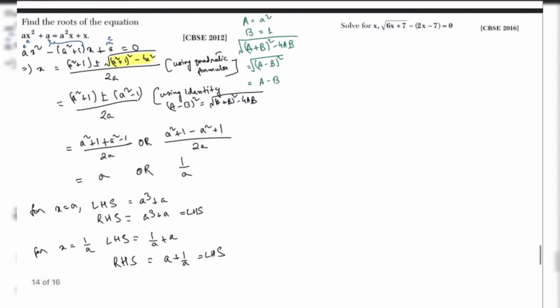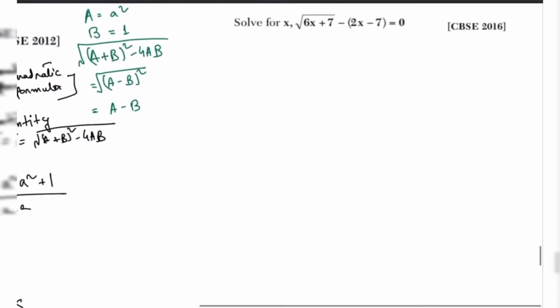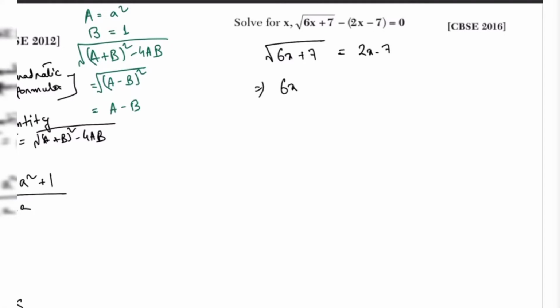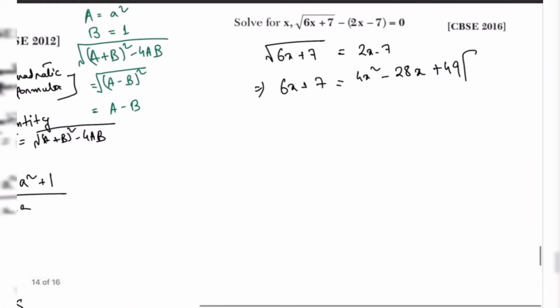Fine. Let's get to this problem which appeared in 2016. So from here, as you know, if we have the square root, what do we do in the first step is separate the terms with square root and without square root. So here we are, and then we square both sides. So 6x plus 7 equals, squaring both sides, we get 4x square minus 28x plus 49.